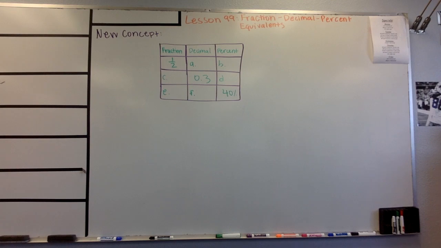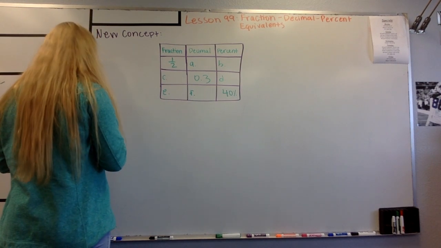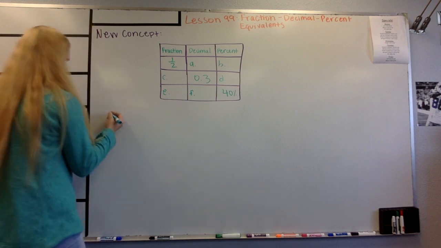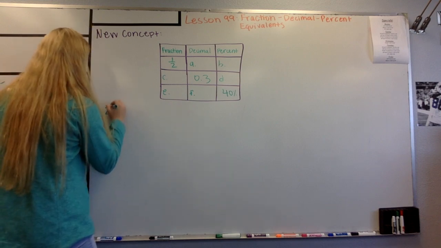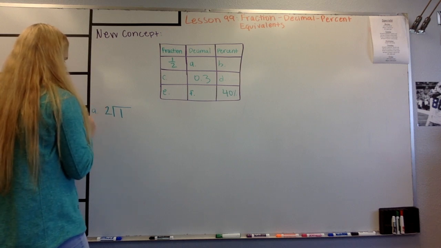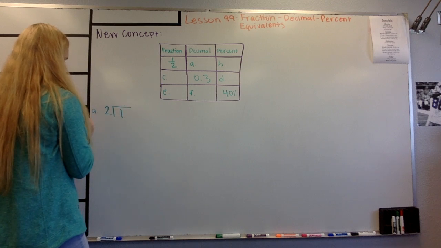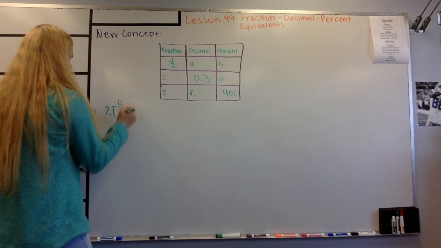If we're looking for A, we know that our fraction is 1/2. How do we change 1/2 to a decimal? Remember, the line in the middle means to divide. So it actually says 1 divided by 2. We put our decimal at the end of 1 and take it to the top of our roof. Now we just divide. 2 goes into 1?